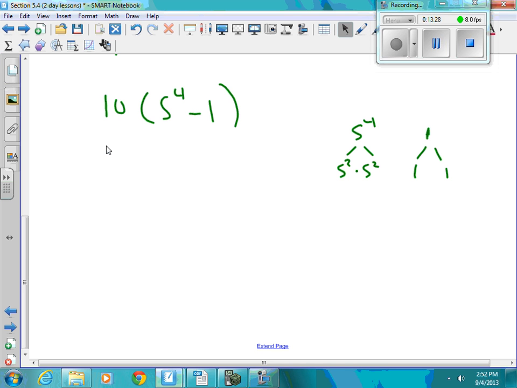So, there we go. S squared in the first part of each parenthesis, and a plus 1 and a minus 1 in each parenthesis. So there's the difference of squares. If you don't believe me, FOIL it back through. Do the box method. Double check it. We're going to get s to the 4th minus 1. Are we done? Well, we have to see if we can factor anything else. S squared plus 1, that's not a difference of squares pattern. That's not going to work.